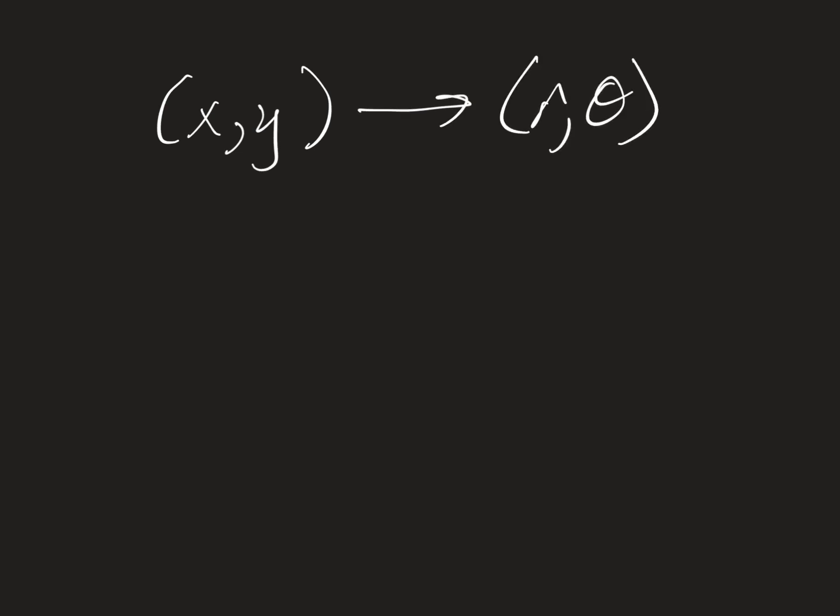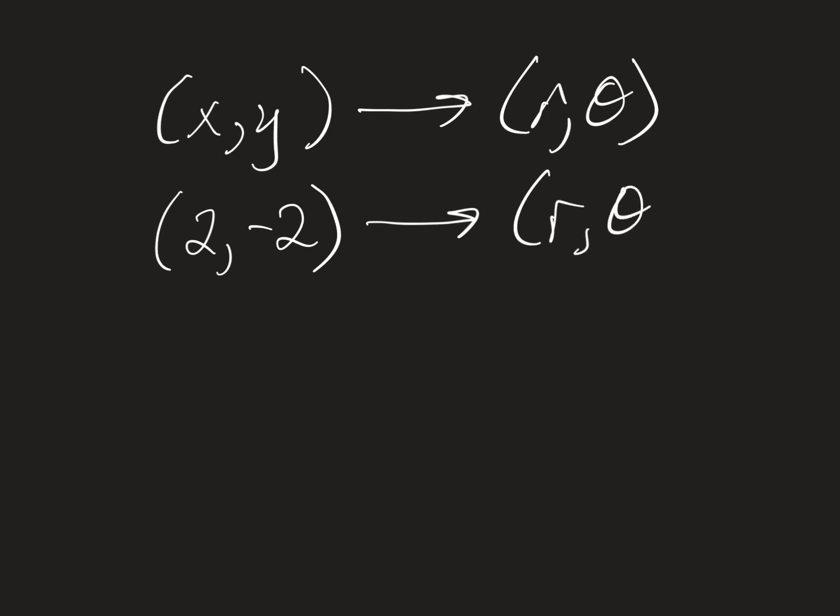Let's take an x, y and convert it to a polar coordinate. Say we are given (2, negative 2), that's our x, y. We want to convert it to an r, theta.